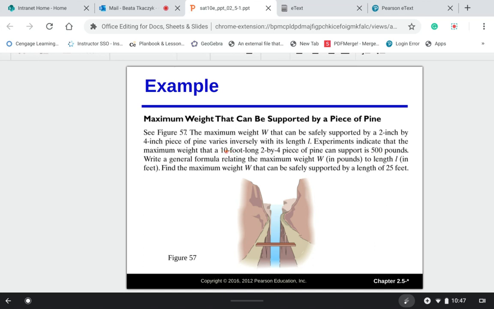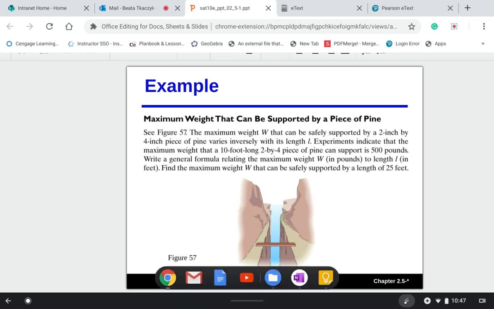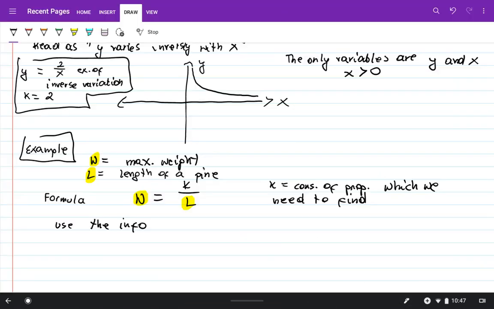So length is 10, W is 500. Use that information to find k: W equals 500 pounds and length equals 10 foot.